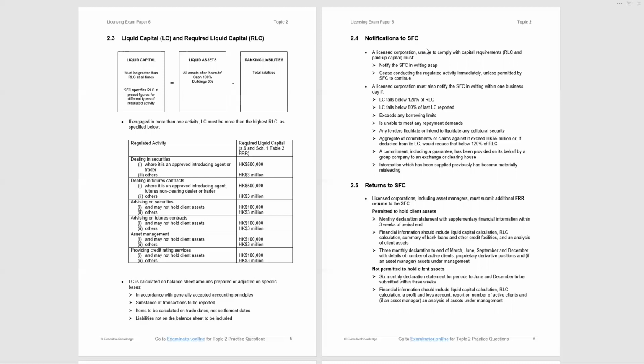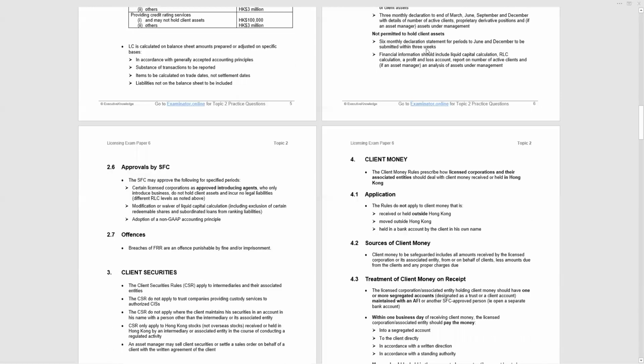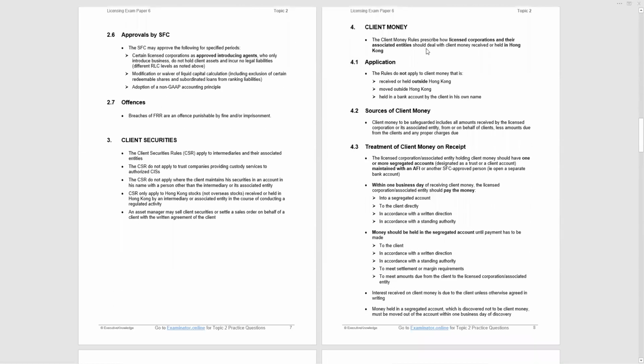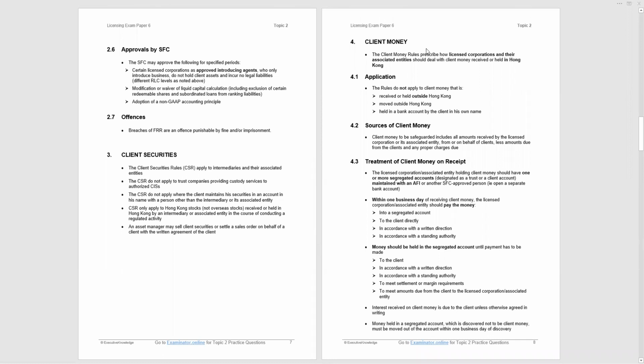So monthly, if you hold client assets, every 6 months, if you do not hold client assets. 2.6, top of page 7, approvals by the SFC. SFC may approve the following for specified periods. Here's the approved introducing agent that I referred to earlier. That's the main one. I wouldn't worry about the others.